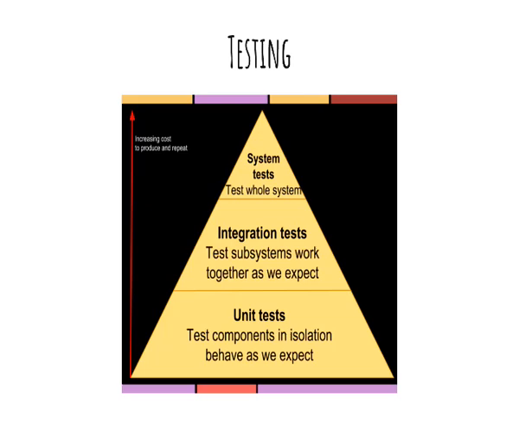Then not as many integration tests, testing that subsystems work together as expected. In that case, that could be multiple different modules speaking to each other. And then system tests, that your web server returns hello world or not. And as you go up that pyramid, it increases the cost to produce and to repeat all of those tests.